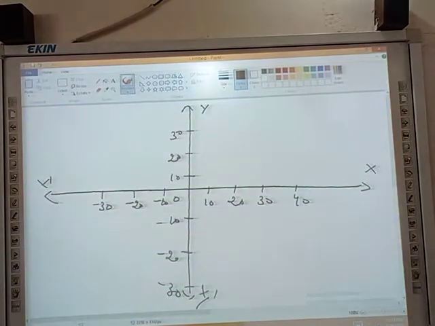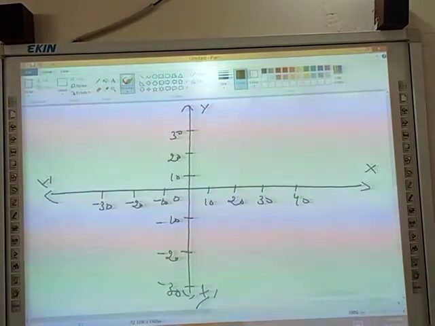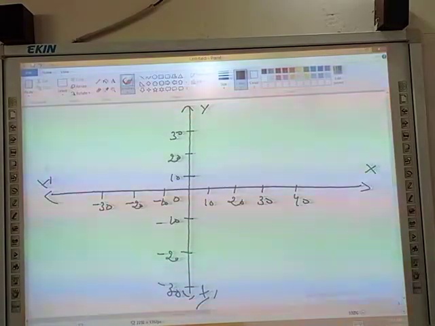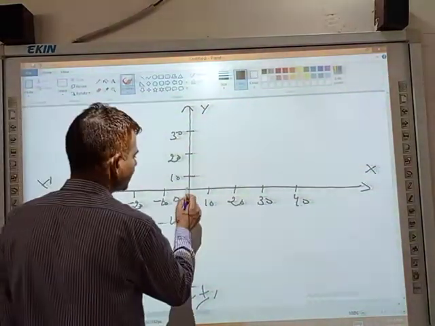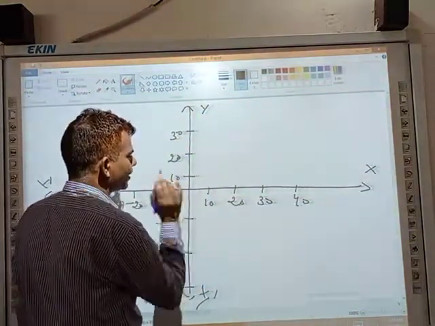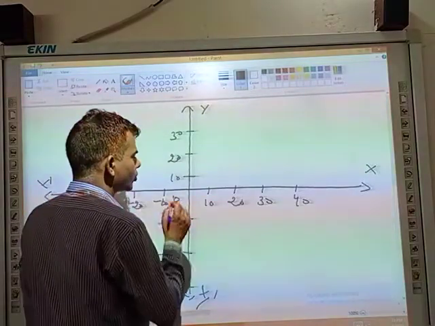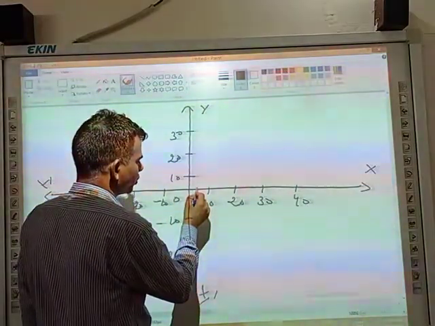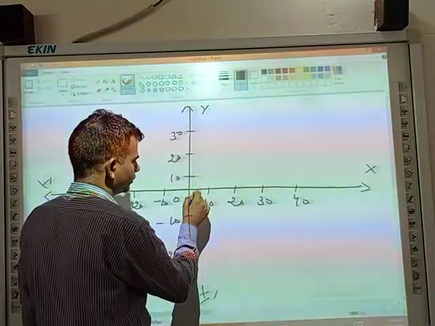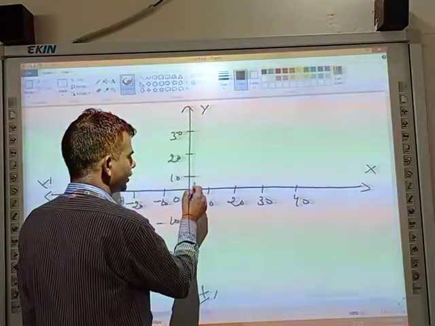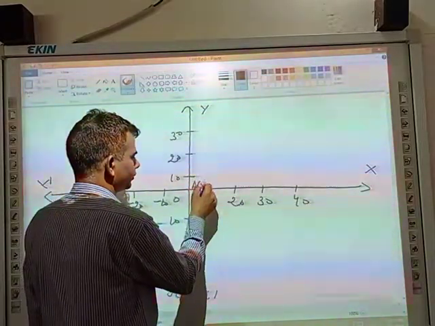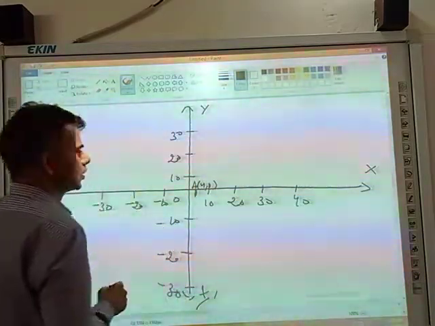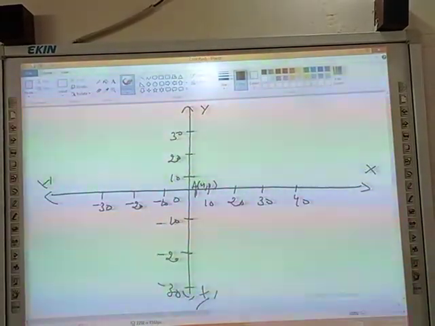Then students, 40. The midpoint of 0 to 10 will be 5. It will be your 40. Students, any doubt?